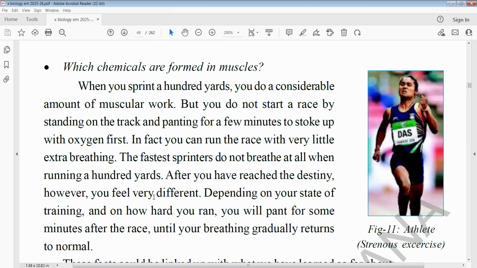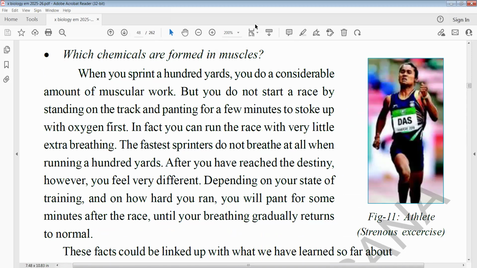So here, this experiment is during strenuous exercise. That is, the fastest sprinters do not breathe while running.